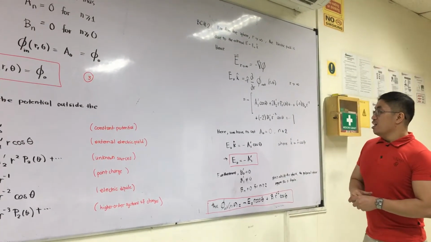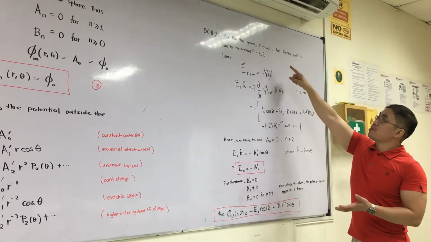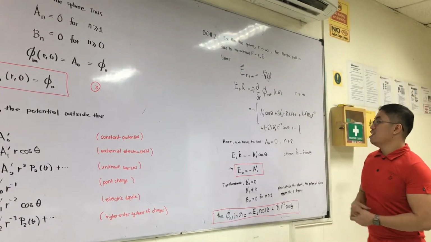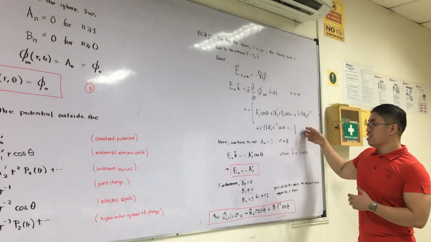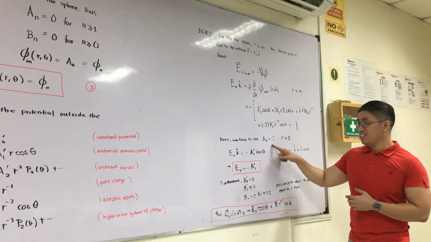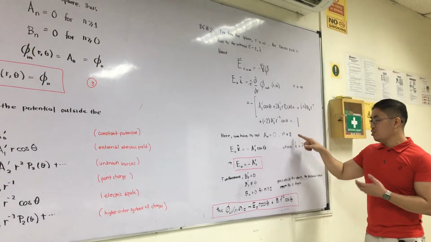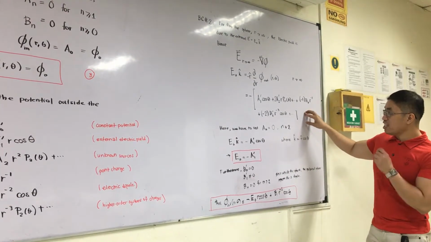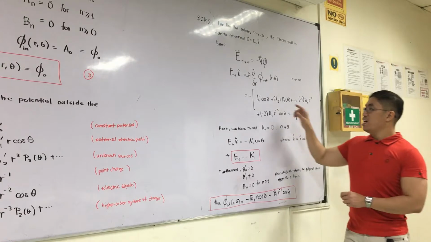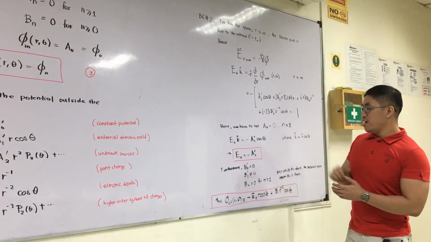Now, notice that if we are to set r to be a very large number, let's say approaching infinity, then our equation will diverge, so we are forced to set the A n primes equal to 0 for n greater than or equal to 2 so that our equation will not diverge. If that is the case, then we are just left with A1 prime and those terms having B's as the coefficient.